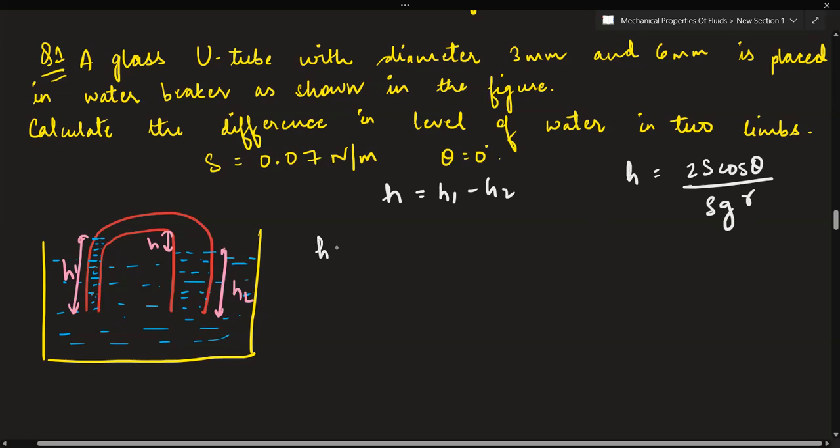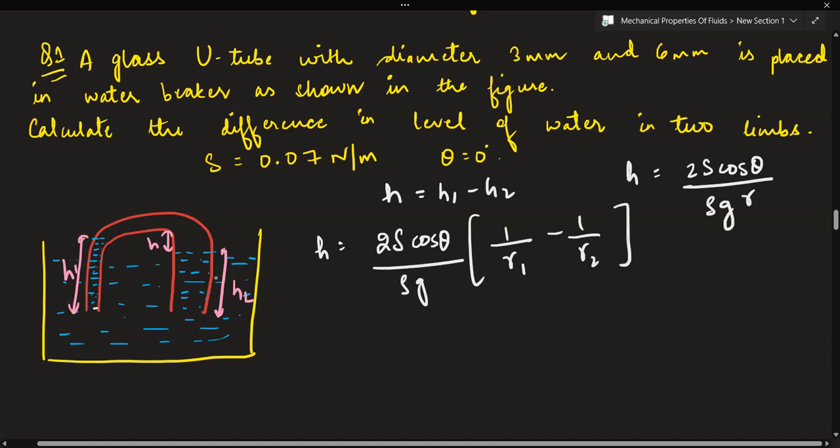So see, if you take all these terms common from here, 2s cos theta divided by rho g, you will be left with 1 by r1, the radius of this tube, minus 1 by r2, the radius of this tube. Now see, r1 would be, if d1 is 3 millimeter, then r1 should be 3 millimeter divided by 2.